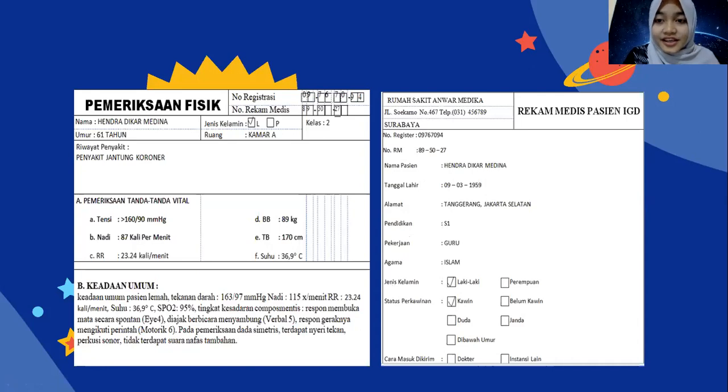In here, it can be our rooms page, medical record number, examination of vital signs such as blood pressure, pulse, respiration, body weight, height, body temperature, and history of disease. Actually, there are quantitative and qualitative components between the right and left templates.